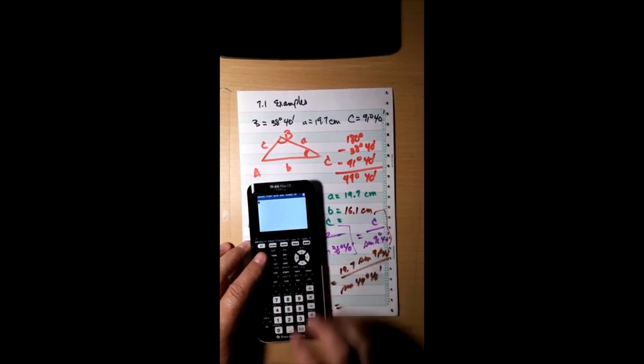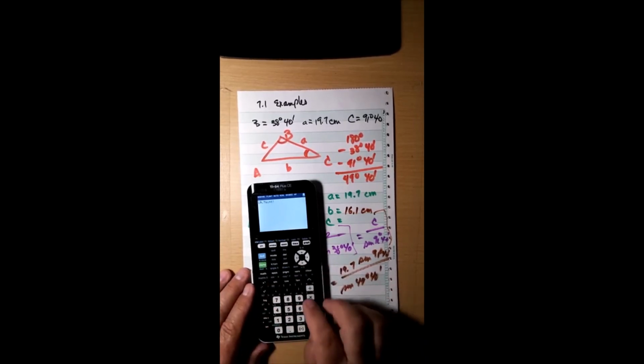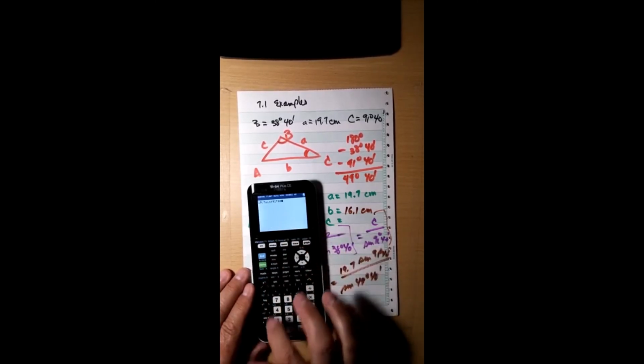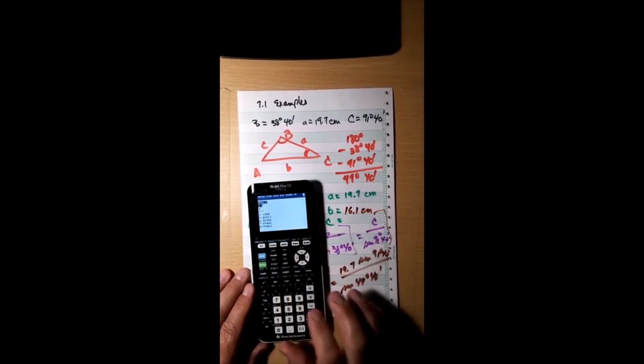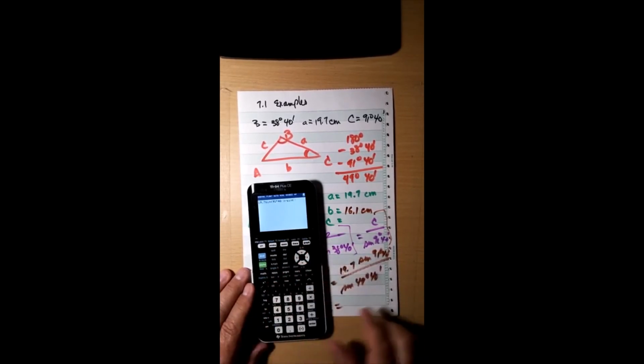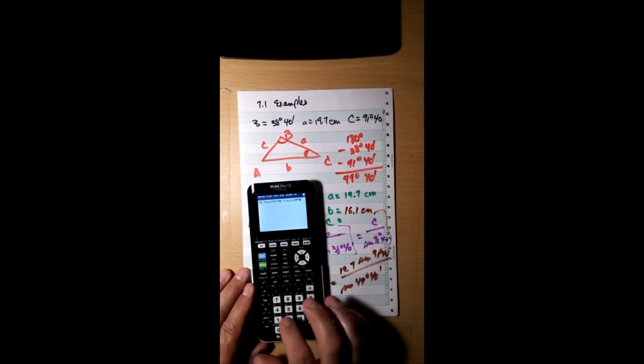Clear this out. 19.7 times the sine of 91 degrees, 40 minutes, divided by the sine of 49 degrees, 40 minutes.